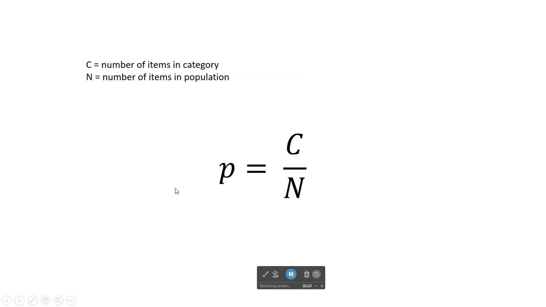So the idea here, we have the number of items in a population, which we're going to always try to use capital N for that. And then we think about the particular category that we have in mind. Okay, we have all of our values to the categorical random variable, but we have the particular category that we have in mind.